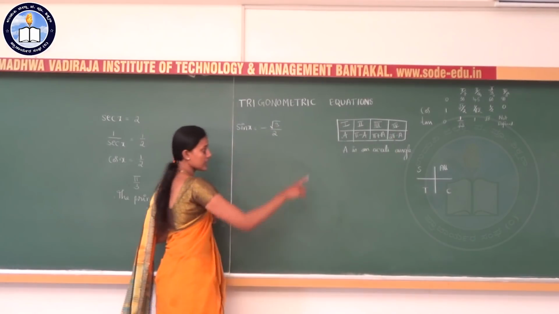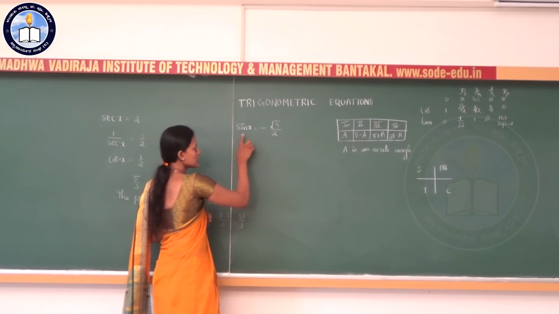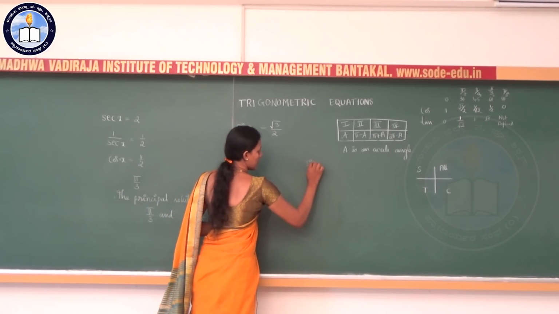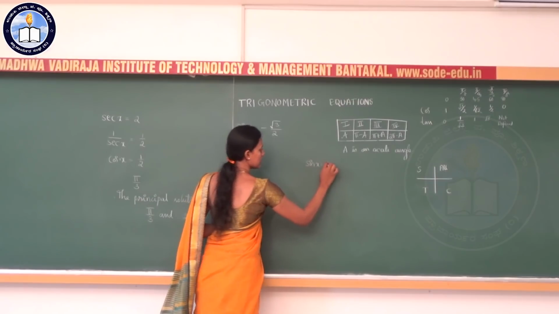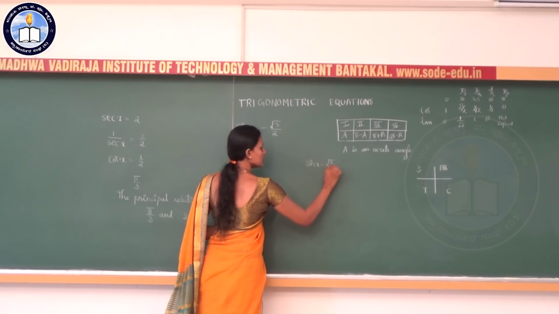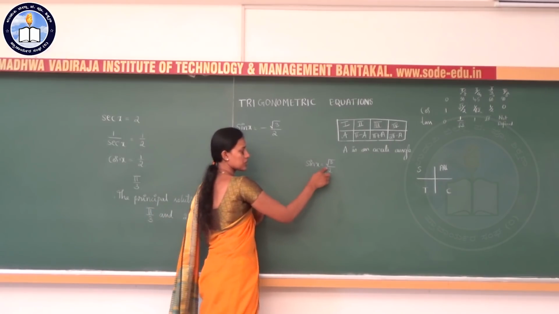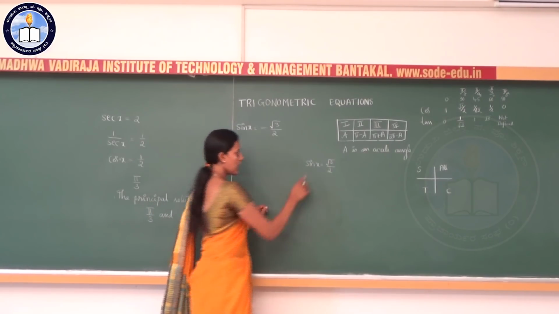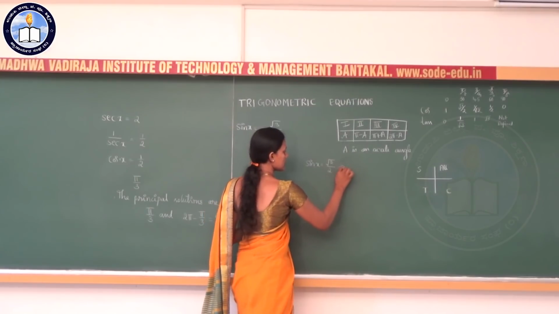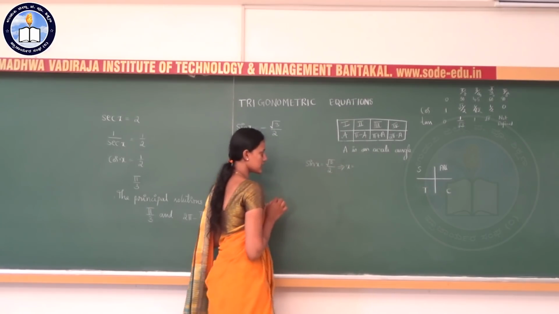What is A? A is the acute angle. So here, to get the acute angle, we will take the positive value of trigonometric function. Sin x is equal to plus root 3 by 2. If sin x is equal to plus root 3 by 2, then what is x?